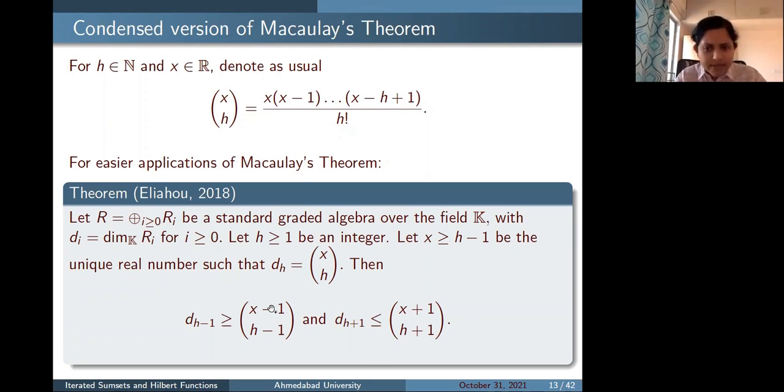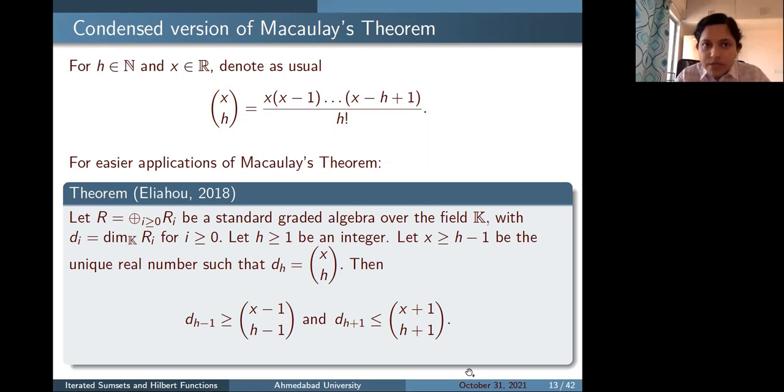Then we can say that d_{h-1} is greater than or equal to binomial (x-1 choose h-1), and d_{h+1} is less than or equal to binomial (x+1 choose h+1).